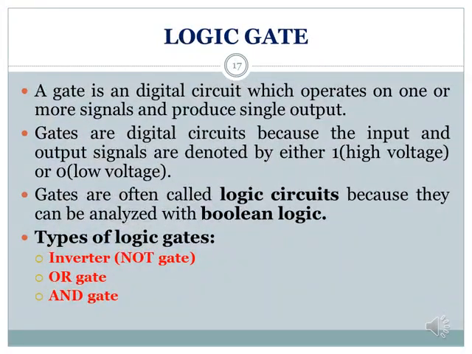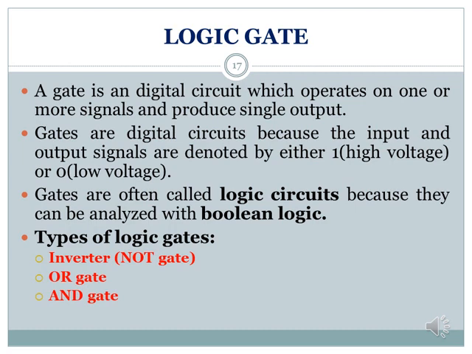A logic gate is nothing but a digital circuit which operates on one or more signals and produces a single output. The input may be one or more, but it produces only a single output. Gates are digital circuits because the input and output signals are denoted by either 1, which means high voltage, or 0, which represents low voltage.